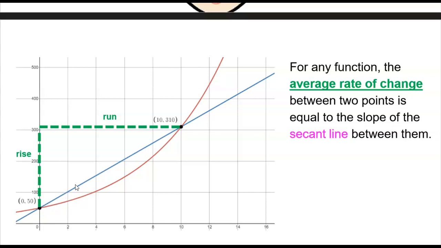Remember, the secant line is a straight line that runs through 2 points of a curve. So that means that the slope of this line is going to be the average rate of change of this curve. And that's going to be true of any 2 points on the curve and the line that runs between them.